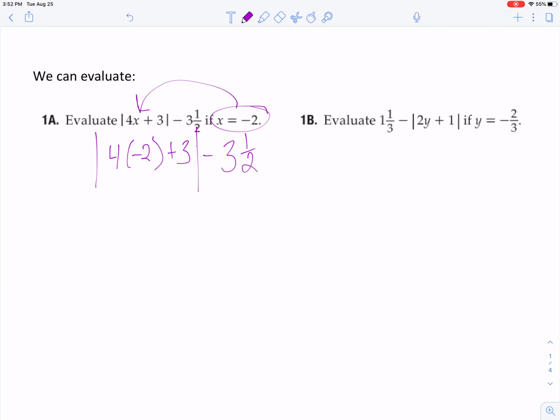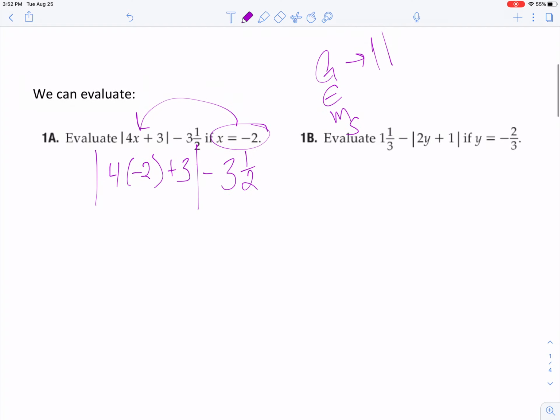All right, so now simplify inside the bars. When we talked about our GEMS, G stood for groupings. Absolute value bars is one of those groupings. Fix in there first, okay? So 4 times -2 is -8. And -8 plus 3 is -5.